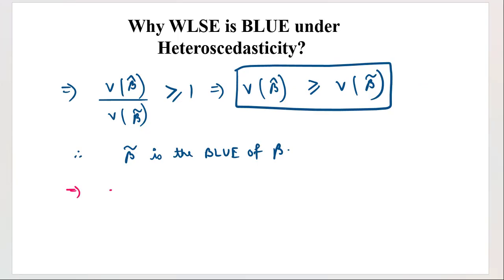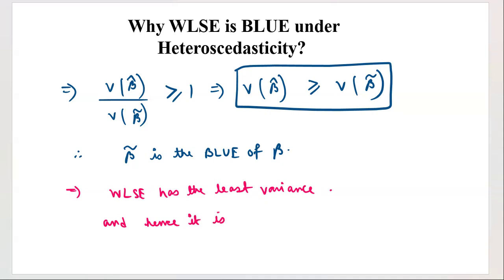We will conclude that WLSE has the least variance, and hence it is the BLUE estimator. And OLS is not a BLUE estimator.